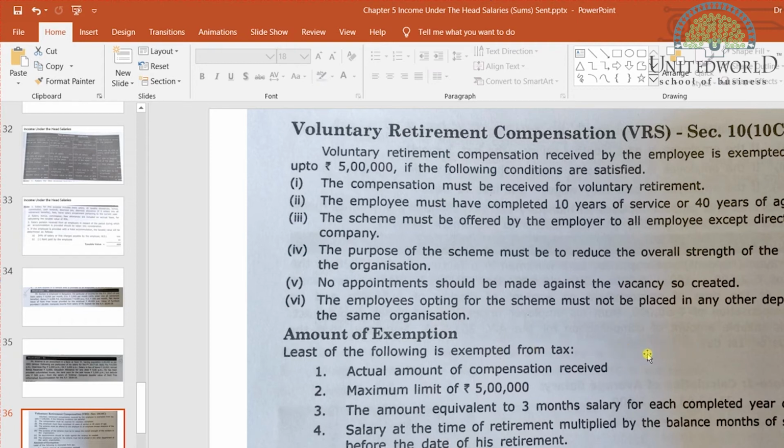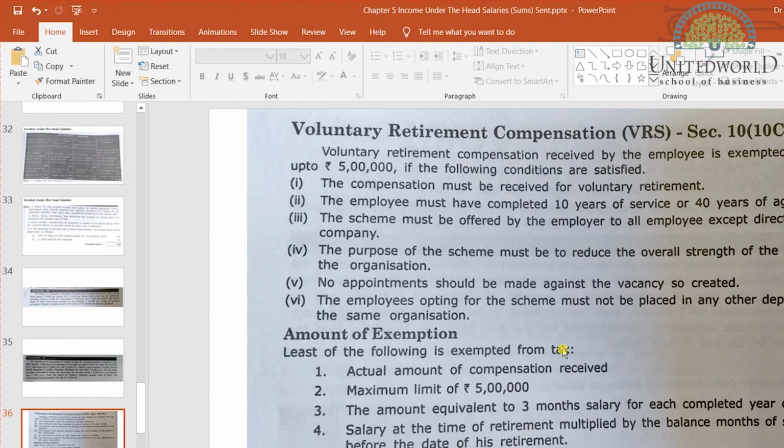So what are the balance months of service left that we have to calculate? And then what is the salary at the time of retirement? That is, last month's salary, and we have to check what this figure is.